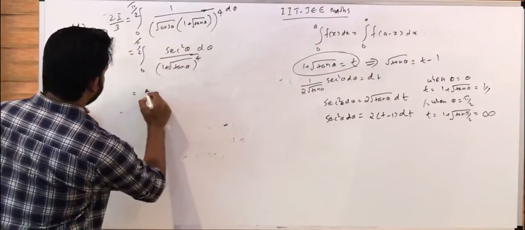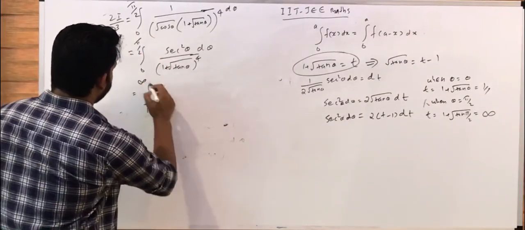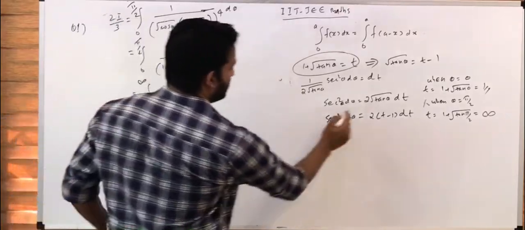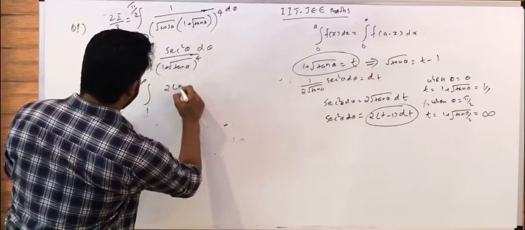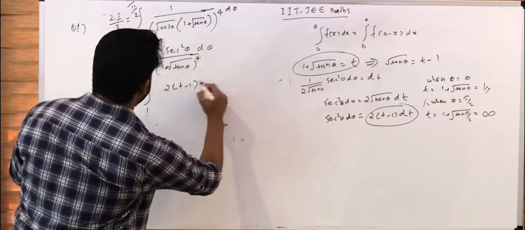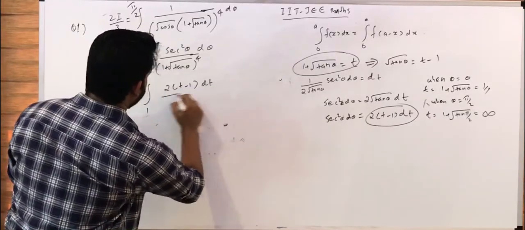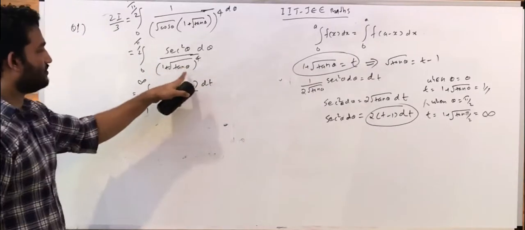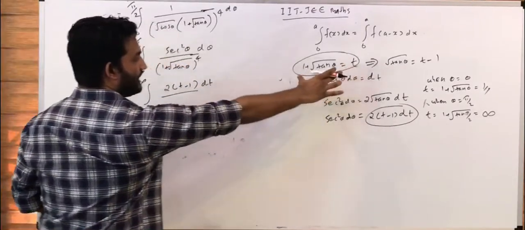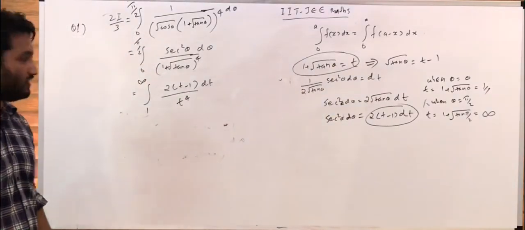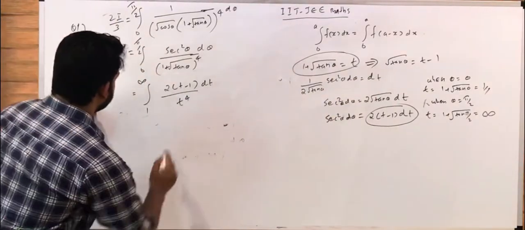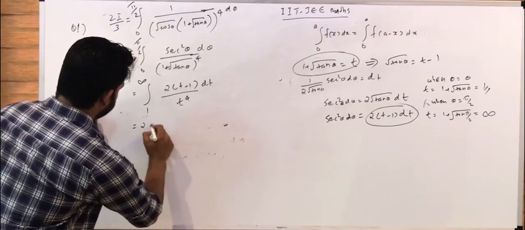Okay. The new integral becomes 1 to infinity sec square theta d theta. We have found 2 into t minus 1 dt divided by 1 plus root tan theta, which we take as t, so t raised to 4. Okay. So 2 we can take outside.